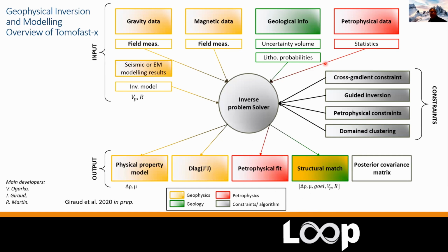A quick word on the geophysical aspect. This is the work of Jeremy Giraud at UWA, and is basically trying to integrate. At the moment, he's been focusing essentially on gravity data. He is trying to start working also on magnetics at the same time, but he's trying to integrate geological information and petrophysical data, obviously, into the inversion algorithms.